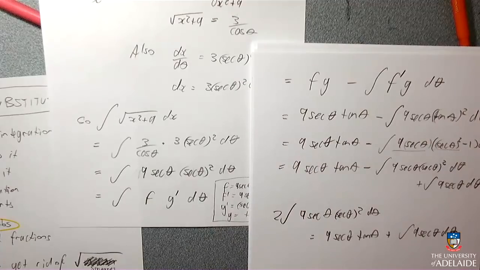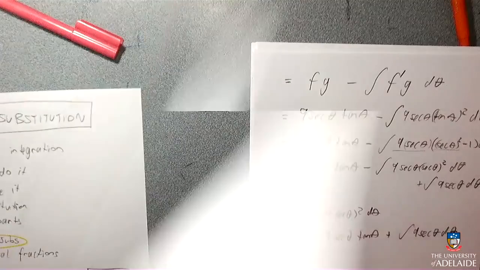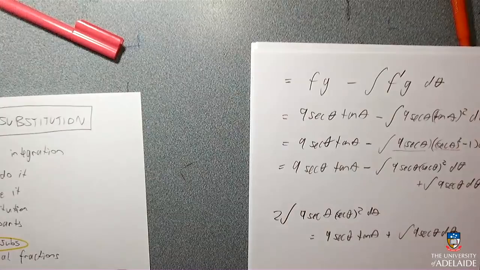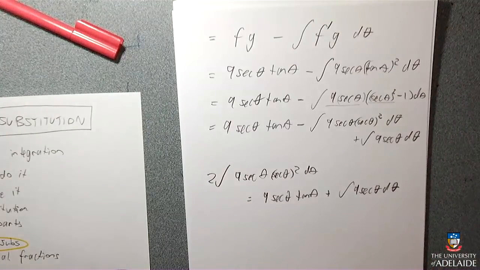Oh, I'm so happy. So not an exam question, though. Right, let's just talk about that. Of course, I'd have to know how to integrate sec theta, which is one of the hardest integrals there is. I happen to know what the answer to that is.